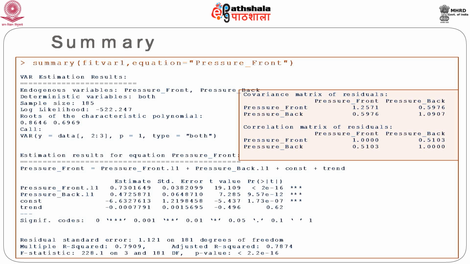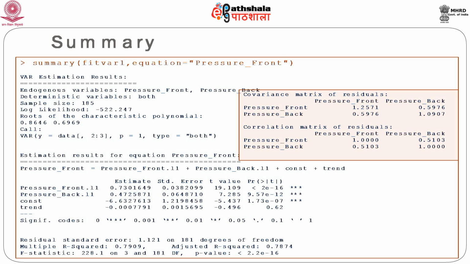The next information is the estimates of the parameters corresponding to the equation that I mentioned, the pressure_front. The coefficients are given here: the constant and the two coefficients of the VAR, that is front and back lag 1.